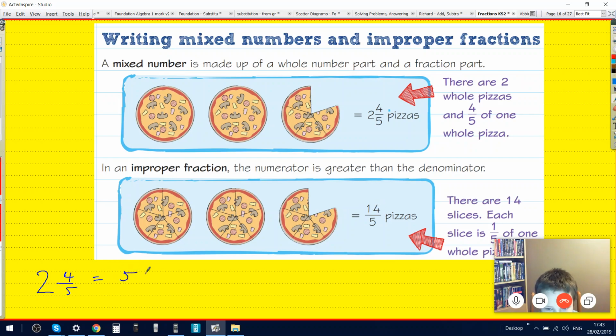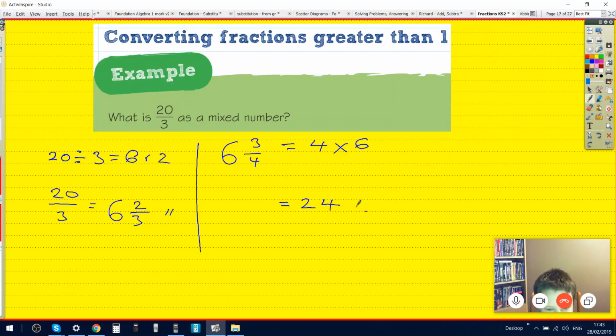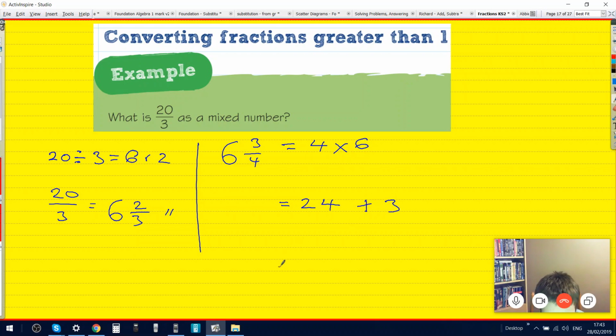Yes. And so how do we go from 10 to 14? You would add on the 4. And where does the 4 come from? From the 4/5. Yes. And so can we use that? So 4 times 6 is 24. So we do 24 add 3, which gives us an answer of 27.